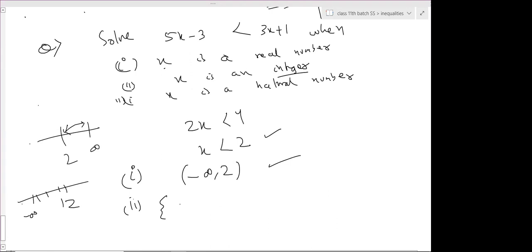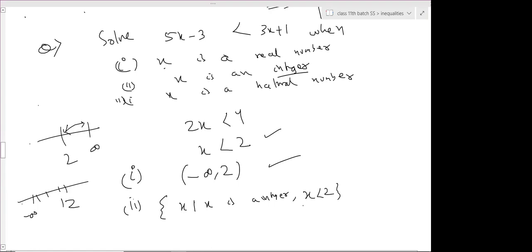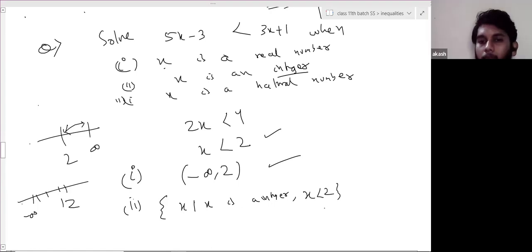Where x is an integer, x belongs to Z, and x is of the form... You can write x is an integer and x is less than 2. That takes care of everything. Otherwise, you can simply write minus infinity, dot, dot, dot, minus 10, minus 9, minus 8, dot, dot, dot, 0, 1. They can understand this.